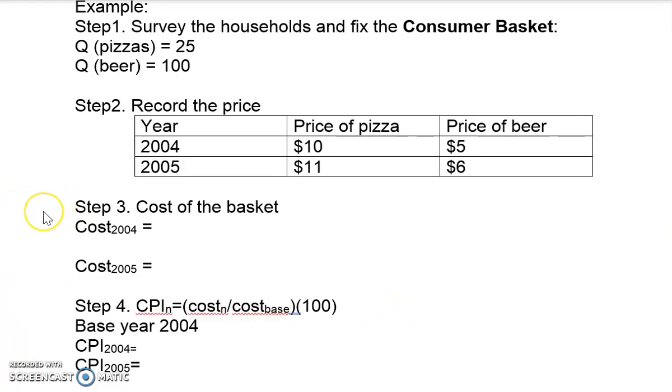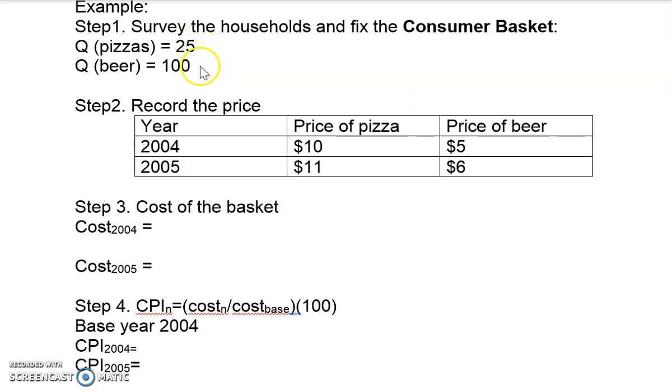Next, we're going to calculate the cost of the basket. The cost of the basket means how much money it takes to buy this amount of pizza and beer in the consumer basket. For 2004, we use the price multiplied by 25 pizzas, which gives the cost to buy 25 pizzas, and then $5 multiplied by 100 beer, which gives the cost of buying the beer.